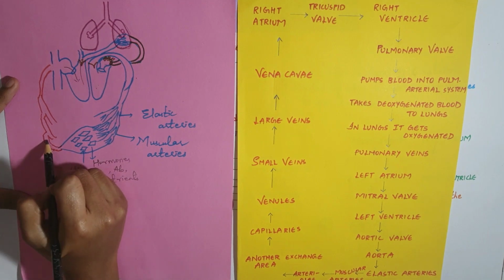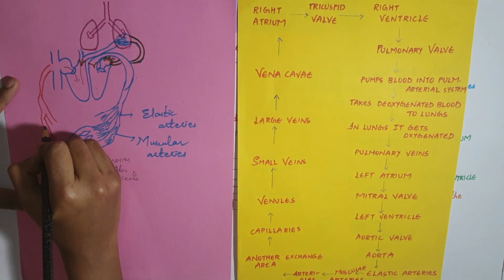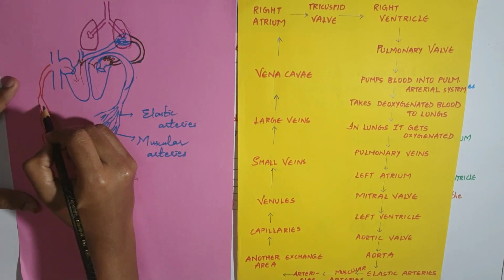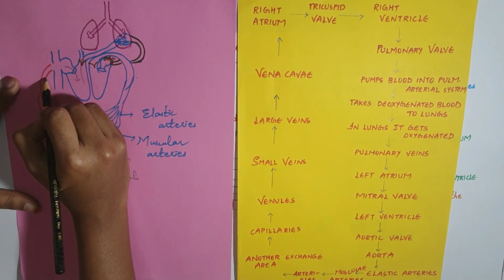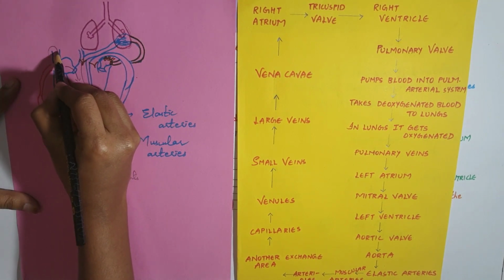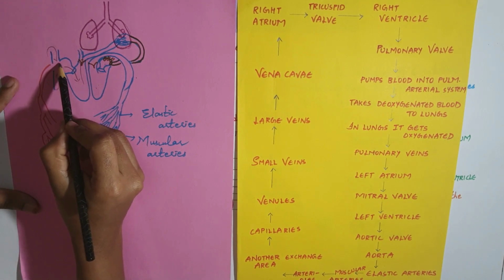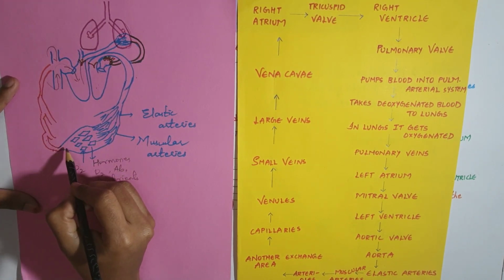It enters into the capillaries. The blood from the capillaries passes into the venules, which form small veins. Then it passes into the large veins that enter the vena cava, either superior vena cava or inferior vena cava, that enters into the right atrium.